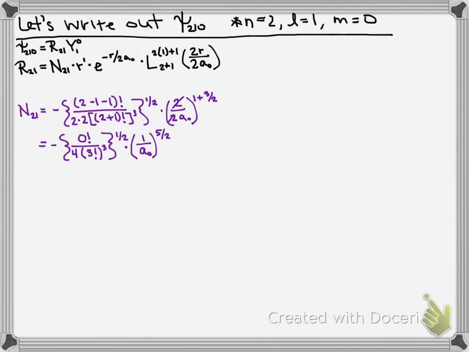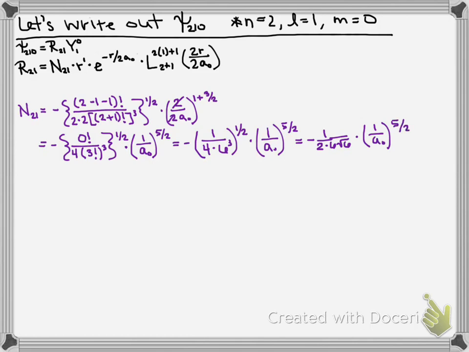So we've got some things to deal with. Let's see if we can simplify. 0 factorial, remember, is just defined as 1. And then 4 times 3 factorial is 6, so 6 cubed. We're going to leave that as 6 cubed right now. We'll deal with it later. One way that we can deal with the 6 cubed is by saying all of this right here is square rooted, right?